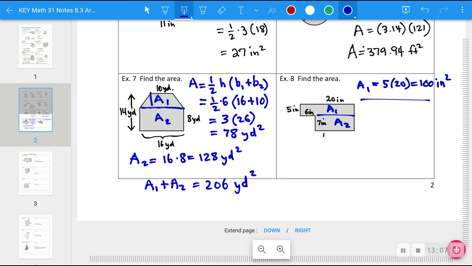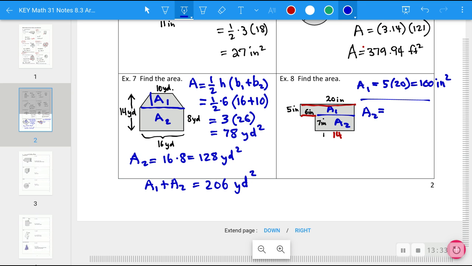Okay, now area 2 is a little more difficult only because we have to work for at least one of the dimensions. You can see it's 7 in one dimension. It's printed there. But the other dimension we have to think about for a minute here. And the way to think about it is all the way across is 20, and the left-hand side is 6, which would make this right-hand side 14.